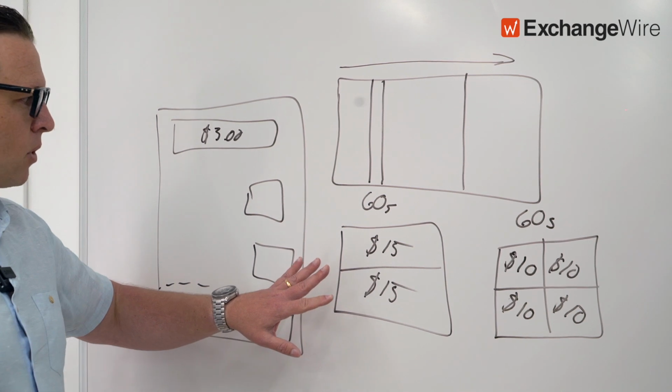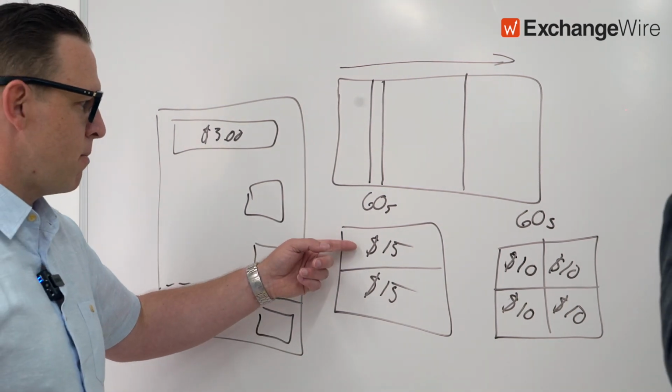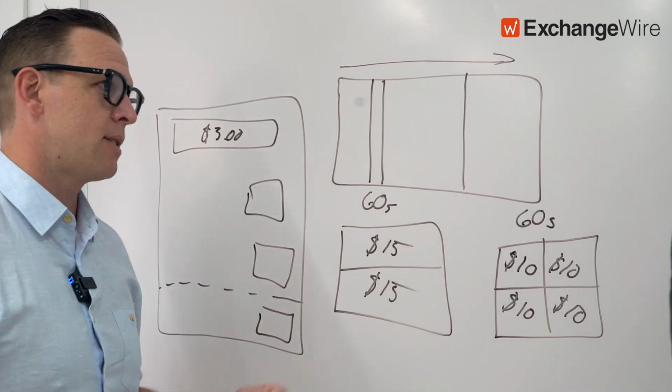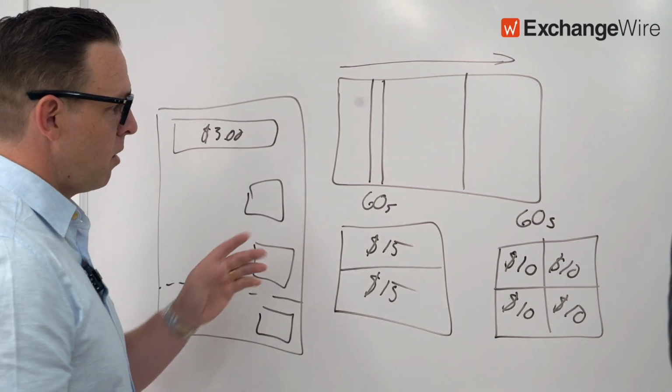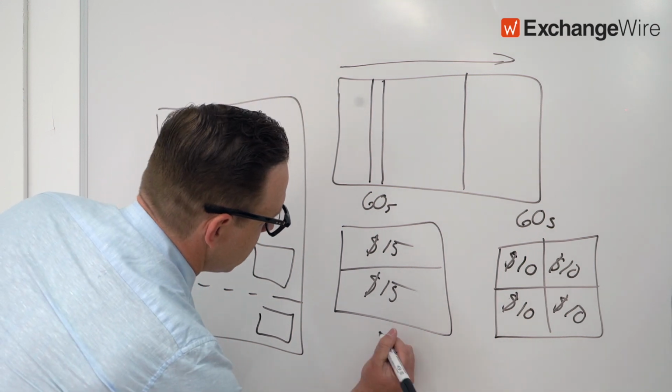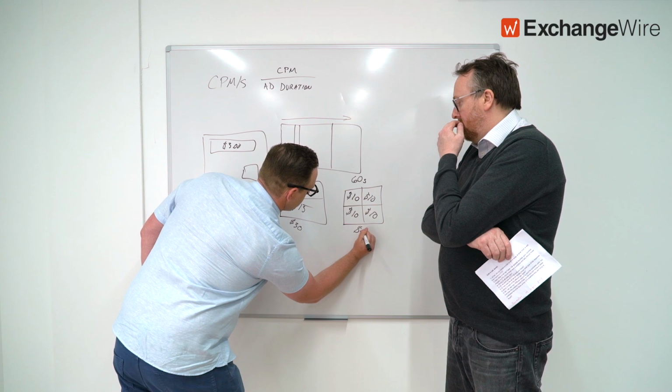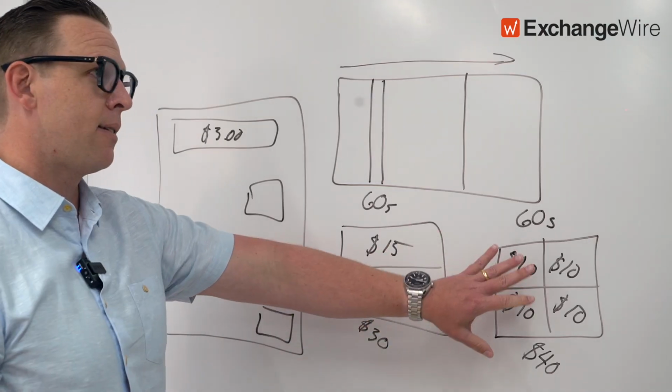Now, looking at this in a flat CPM model, this would win every time, right? Because you're competing $15 against $10. So this is always going to win. But when you add these together and get your eCPM, you're now getting $30 here, and you're getting $40 here, right? Because you have more time to allot over on this side.